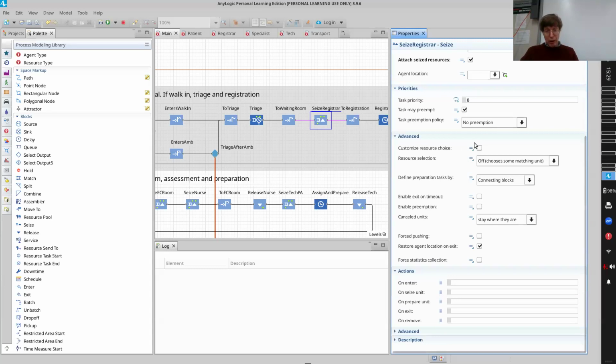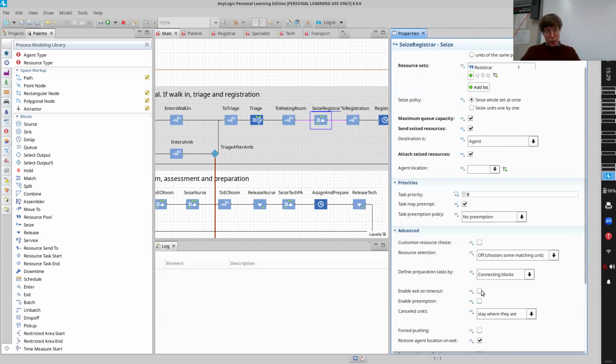I can customize the resource type. I can also potentially leave earlier if I have a timeout. So, for example, I can say, hey, I've been waiting 3 hours in the emergency room. I'm hungry.